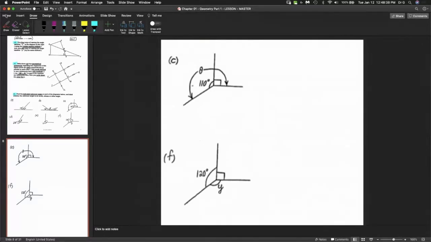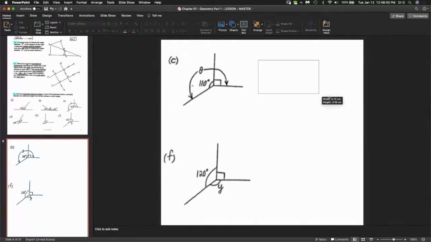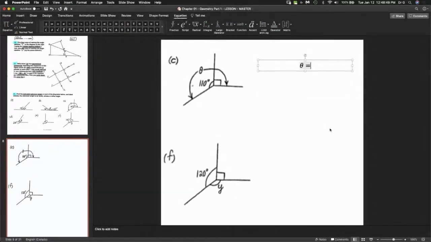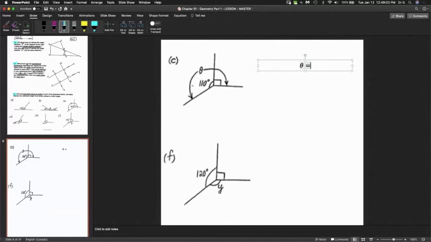Okay, so let's talk about question C. How do you answer question C? Anybody have an answer to it? What does that angle theta equal? So we're talking about this angle here.